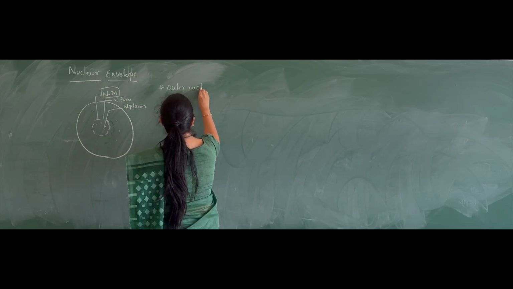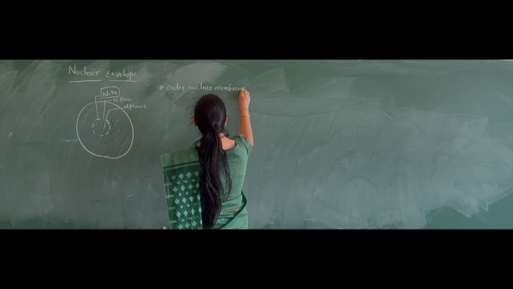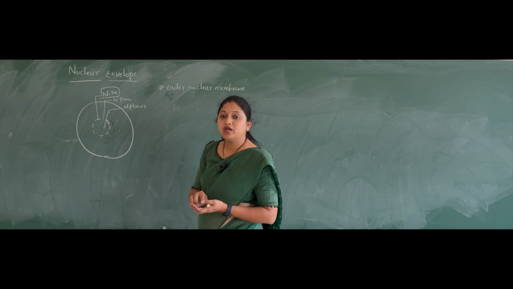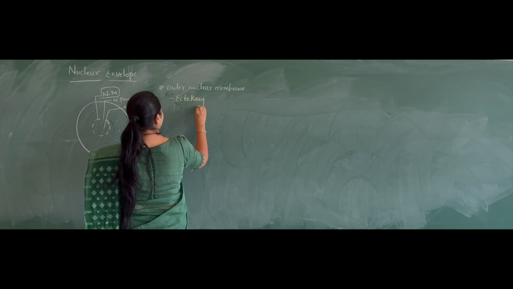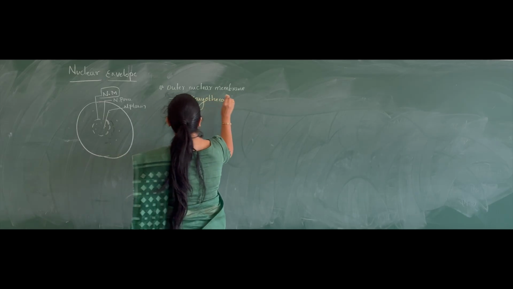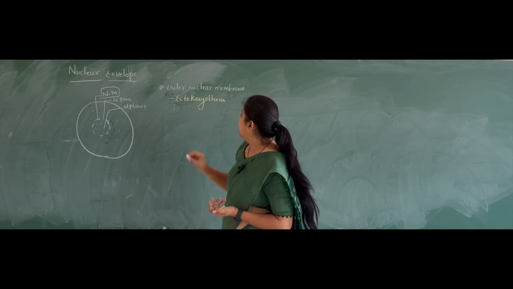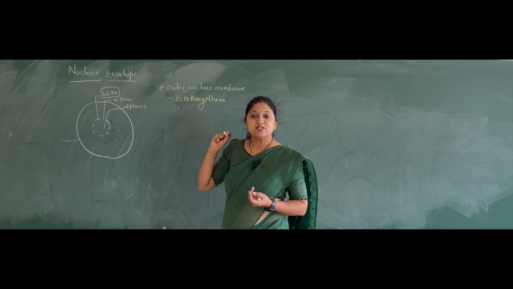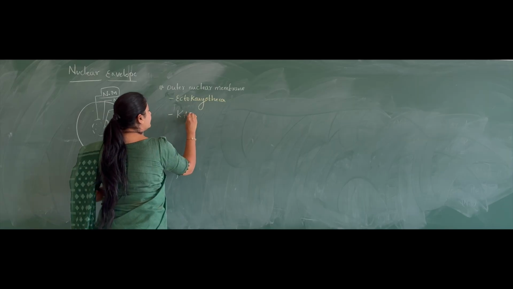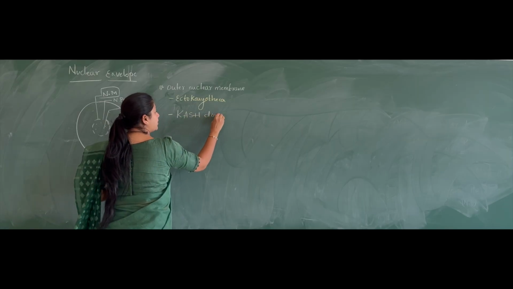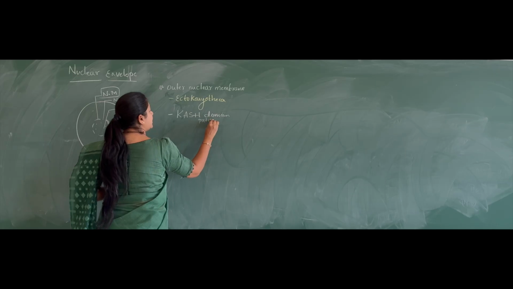The first one is the outer nuclear membrane, also called the ectokaryotheca. This outer membrane majorly contains a type of protein called the cache domain protein.